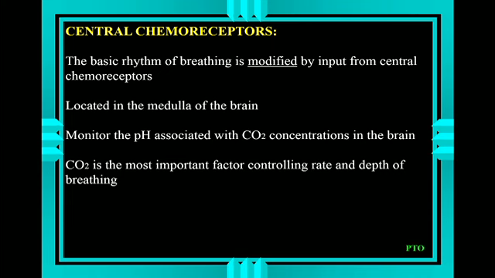So if the central chemoreceptors are the most important chemoreceptors we have in the body, and if they are associated with pH and CO2, we now know that CO2, carbon dioxide, is the most important factor controlling the rate and depth of our breathing.